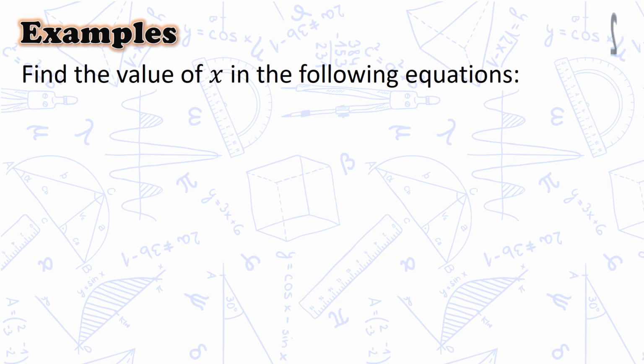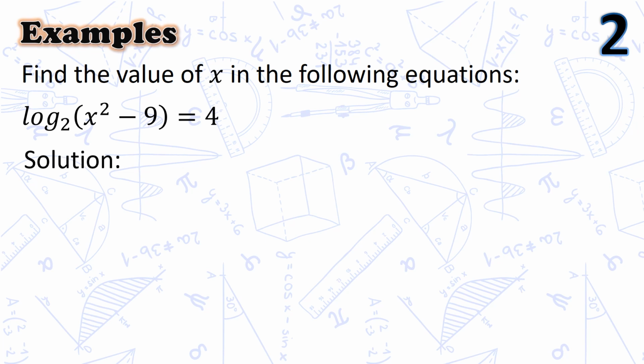Example number 2, the logarithm of x squared minus 9 to the base 2 is equal to 4. So we only have a logarithmic expression on the left hand side of the equation, and on the right hand side we have 4.